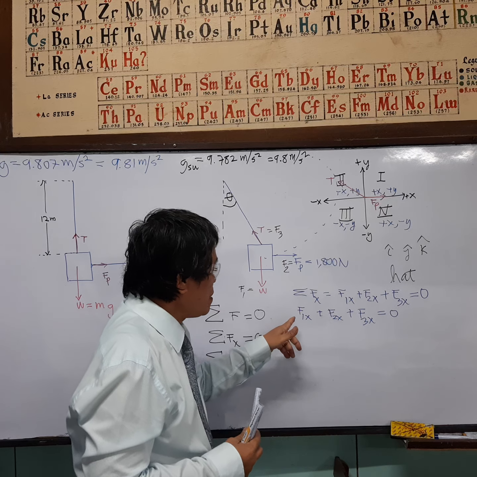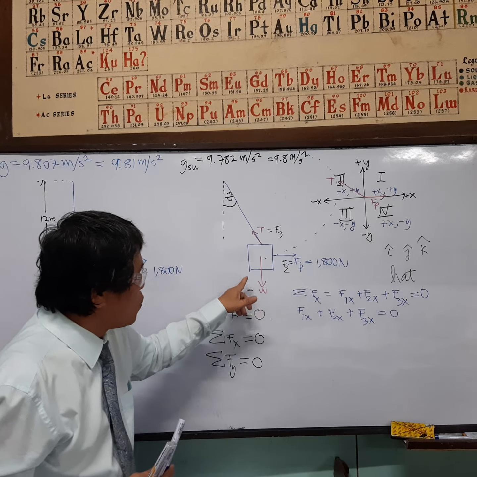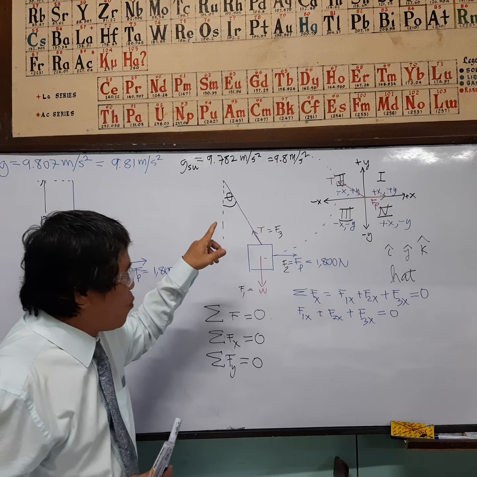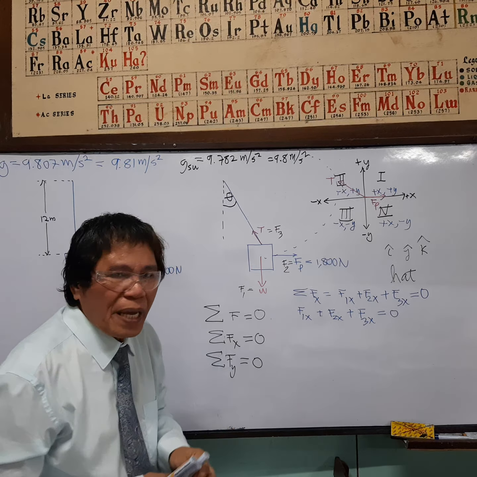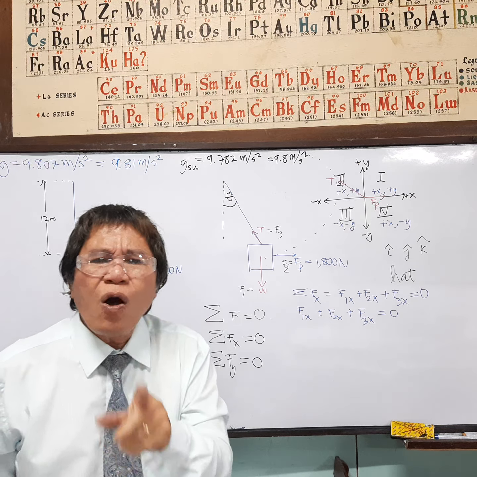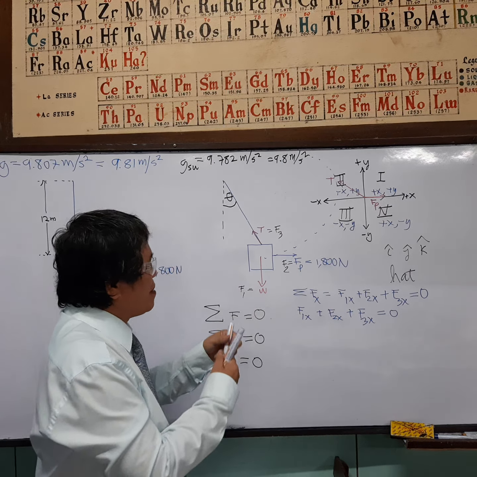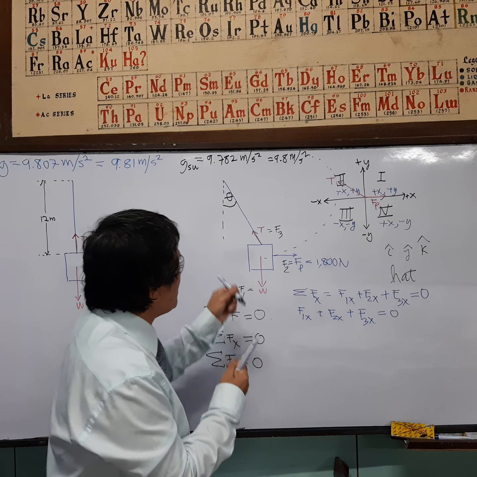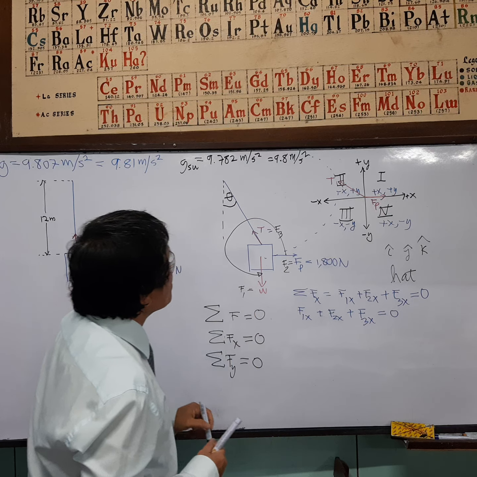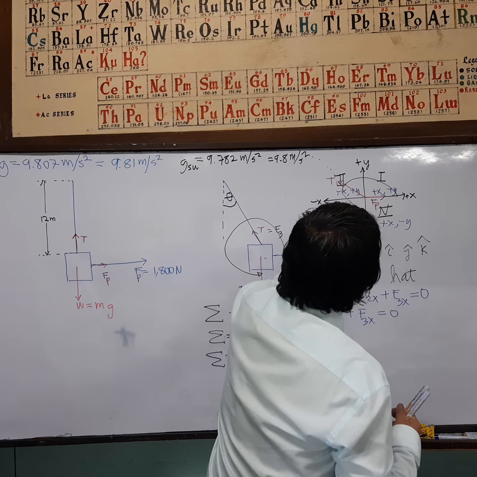Now, F1x refers to the x component of F1. If the angle is measured from the positive x-axis, then the angle of F1 will be 270 degrees.